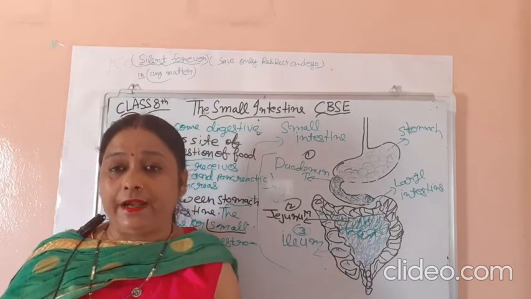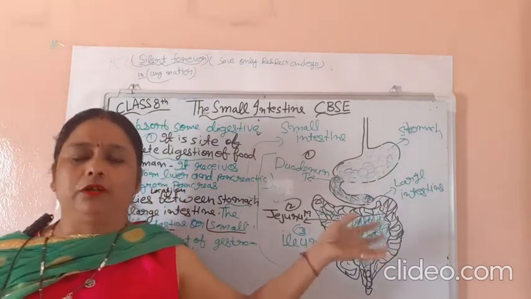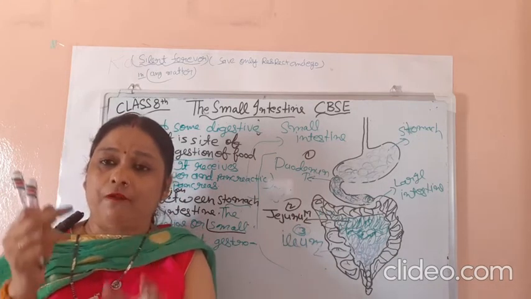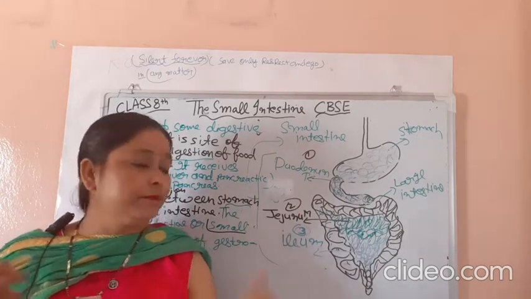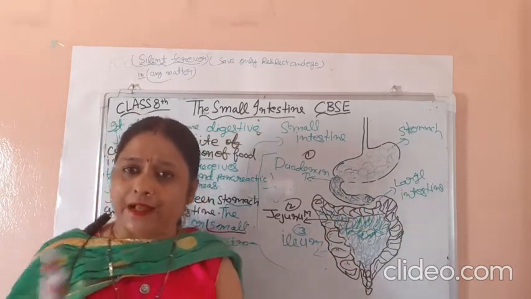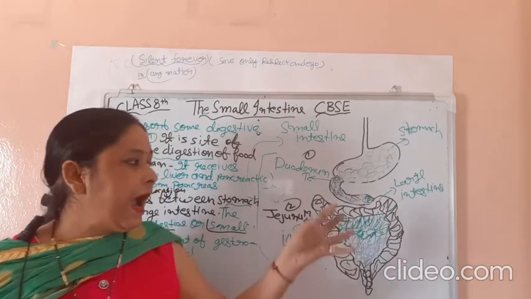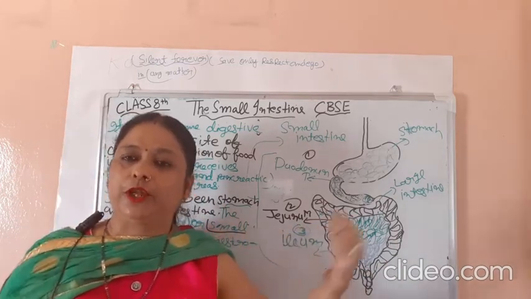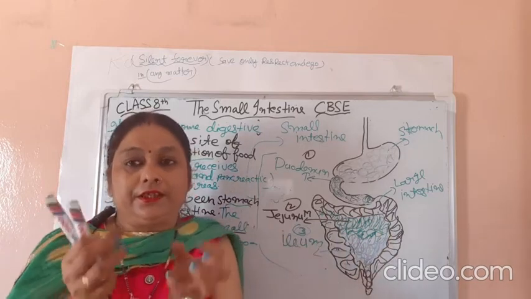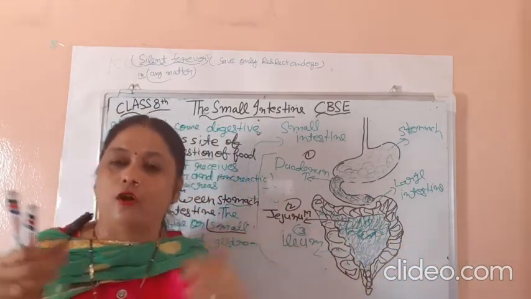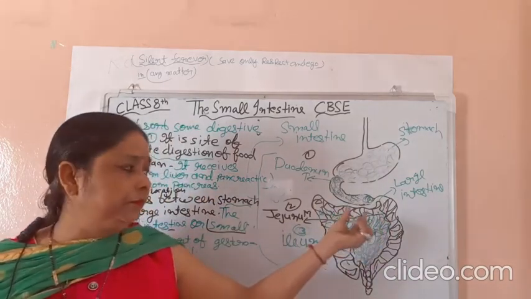So this is a very clear description here, showing the location and a little about the function of the small intestine. The digestion of all food in human beings takes place in the small intestine, completely digested here. The small intestine absorbs some digestive juice and receives pancreatic juice from the pancreas and bile from the liver.